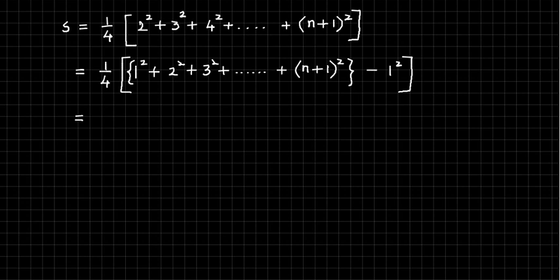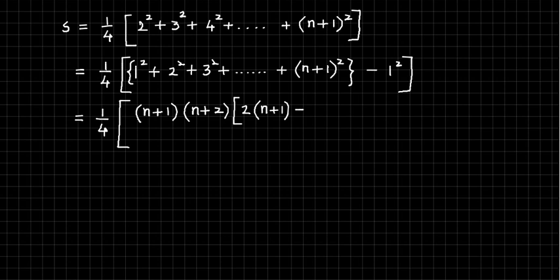So that gives us 1 upon 4 into bracket. Now sum of this particular curly bracket is nothing but sum of squares of first n plus 1 natural numbers. So we'll use the required result for that, which is (n plus 1) into (n plus 2), and further we have 2 into (n plus 1) plus 1, right, whole divided by 6, and finally minus 1.